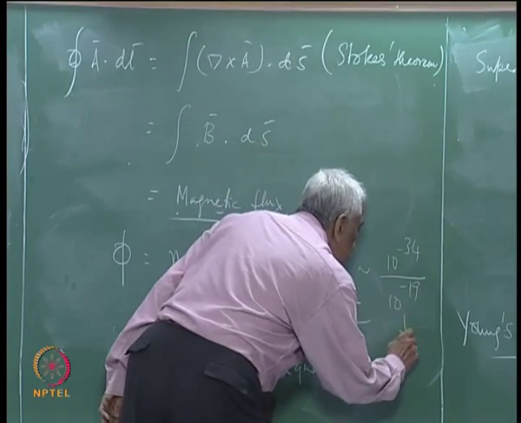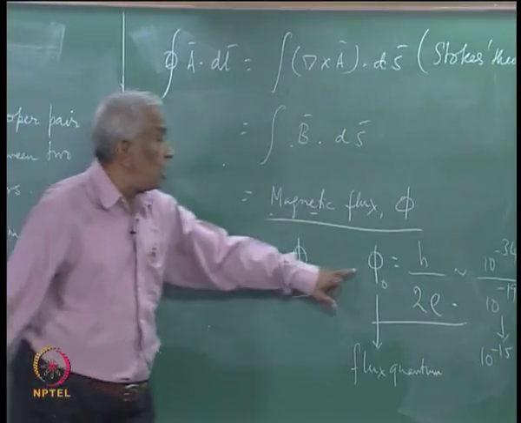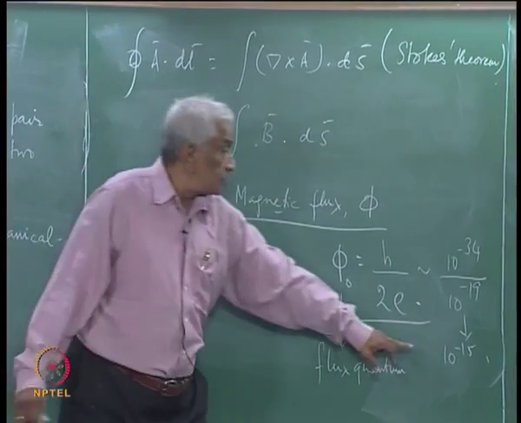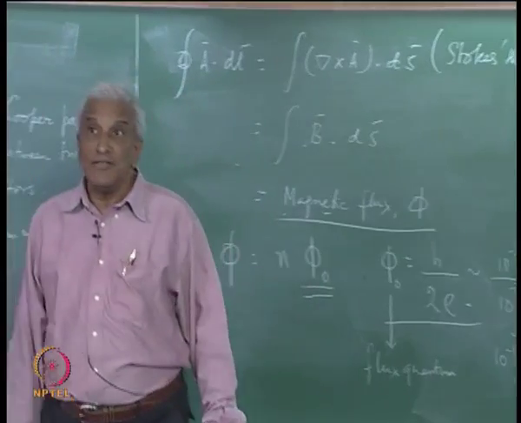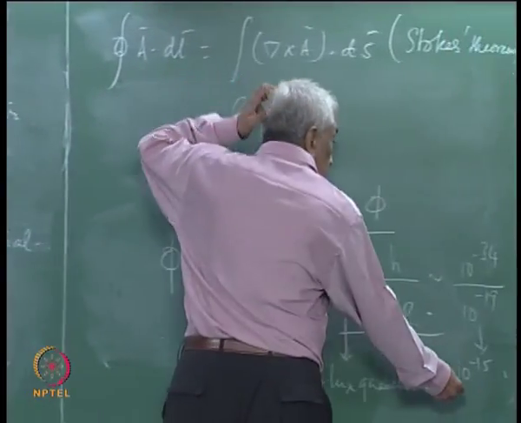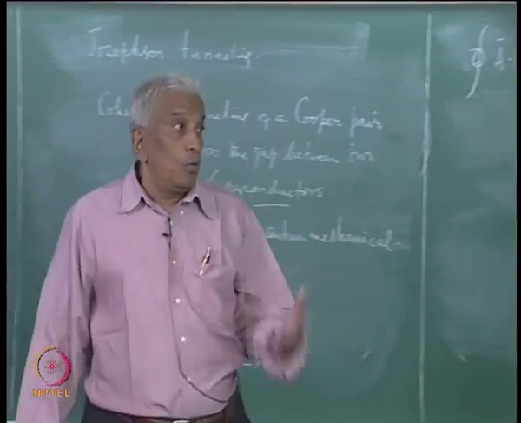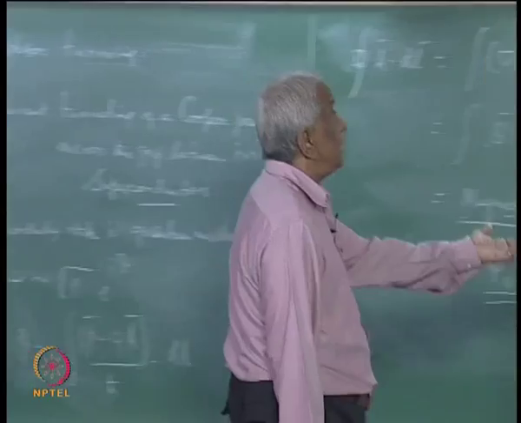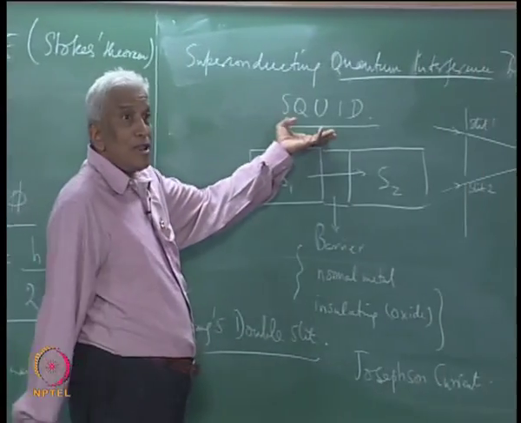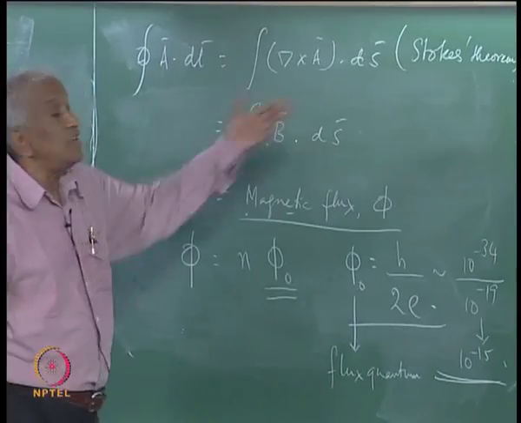So, this is about 10 to the power minus 15. The flux quantum which is measured is of the order of 10 to the power minus 15 Weber per meter square, and therefore, this is an extremely small flux. So, one has the possibility to measure extremely small variations in the applied magnetic flux using such a squid.